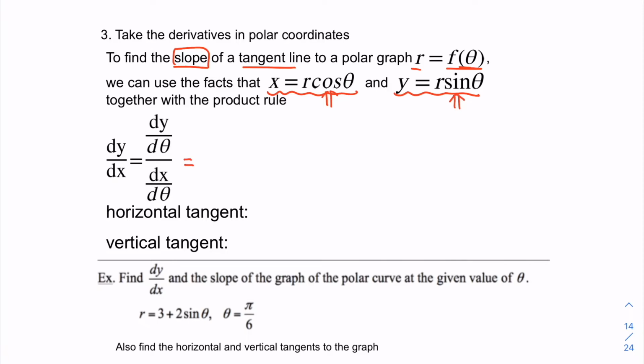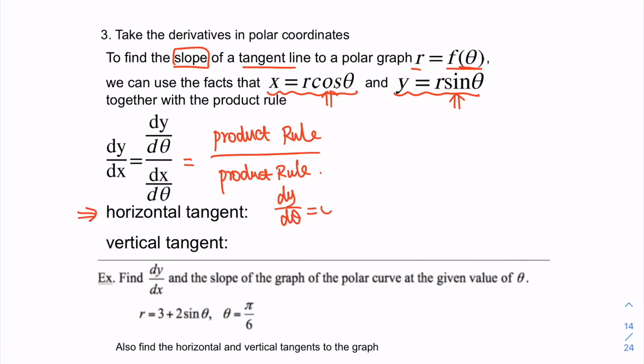Because r is also a function of theta, we have to use the product rule when we take the derivative for the numerator and denominator. Same as before, horizontal tangent when dy over d theta equals 0, and vertical tangent when dx over d theta equals 0.